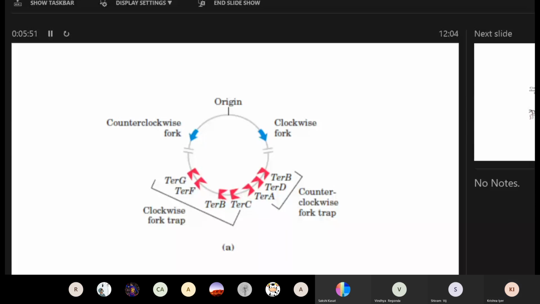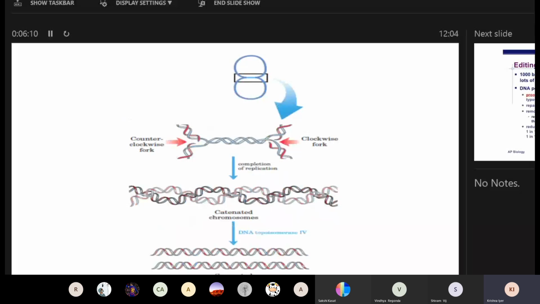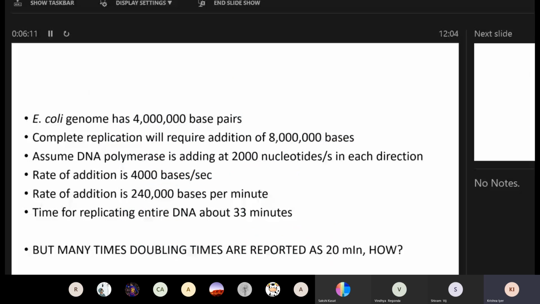That double-stranded DNA is already starting to get replicated because you have the origin of replication. So many times in E. coli this happens simultaneously, and therefore the actual observed doubling time ends up being slightly less than what you calculate simply based on the speed of DNA polymerase. Is that clear, everyone?